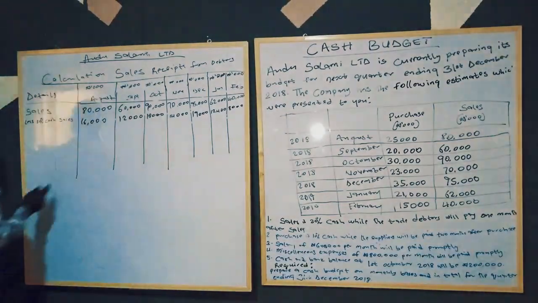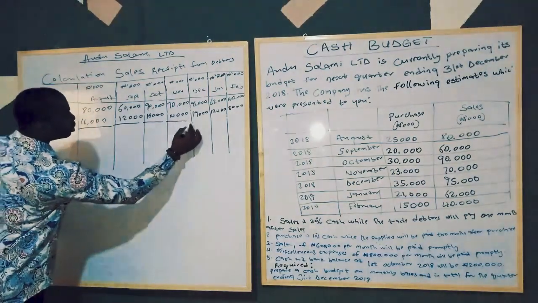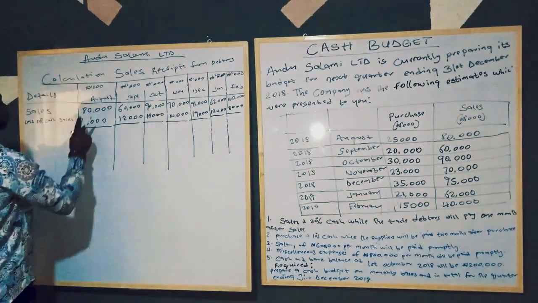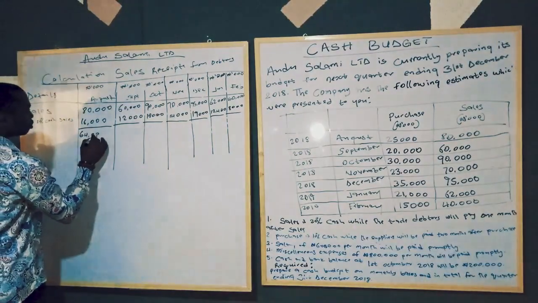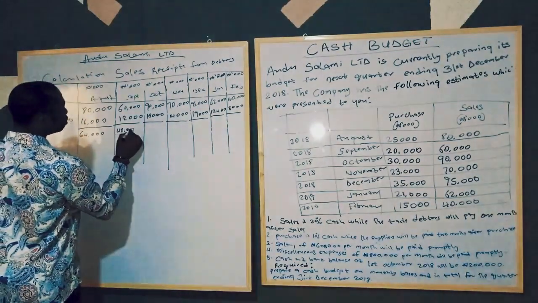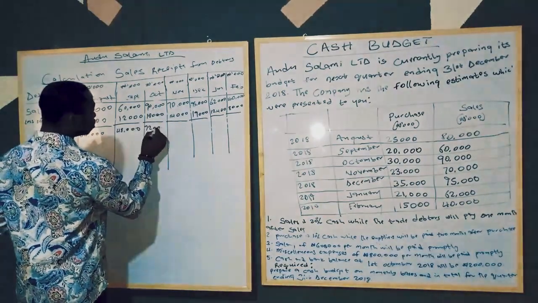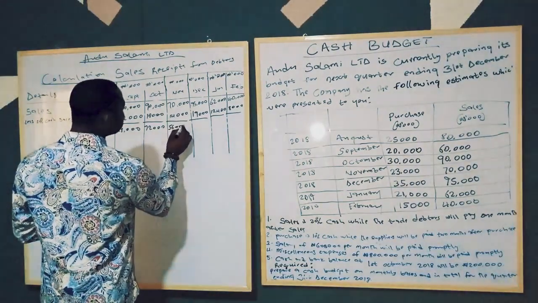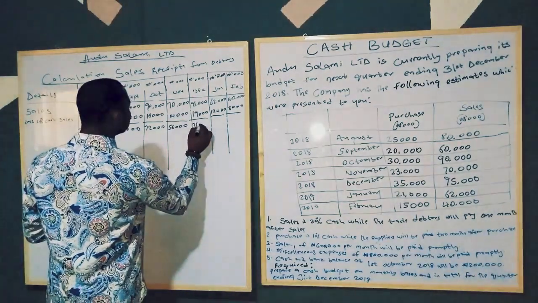Then the remaining one is credit sales. So we have 80,000 minus 16,000 will give us 64,000. Then 60,000 minus 12,000 will give us 48,000. 90,000 minus 18,000 will give us 72,000. 70,000 minus 14,000 will give us 56,000. 95,000 minus 19,000 will give us 76,000.